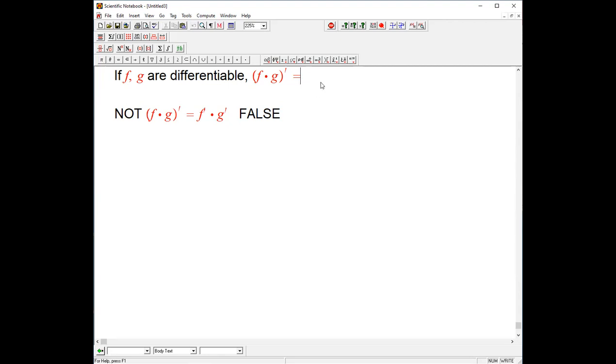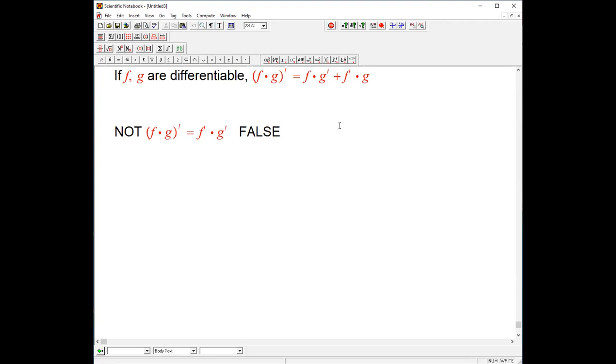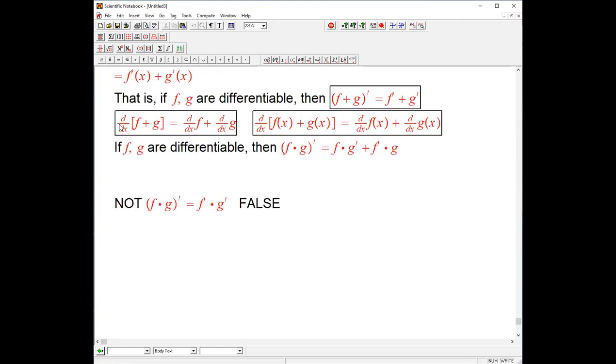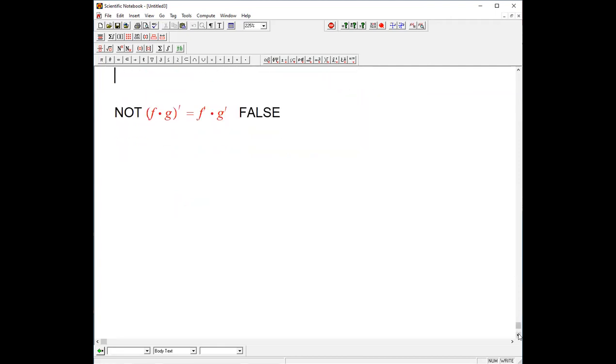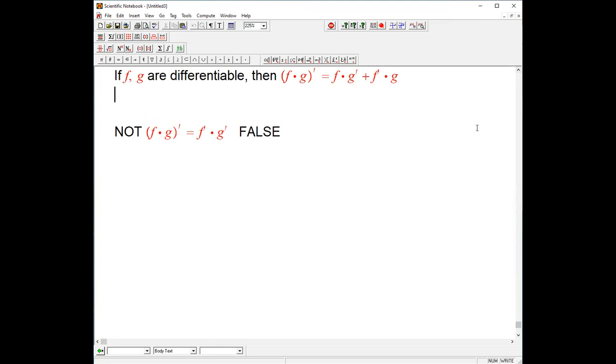All right, so it is f times g prime plus f prime times g. You can write it in any order you like. And there are also these different versions of it, similar to addition, subtraction. In the multiplication case, there are also these different versions. We want to specify the derivative it is with respect to.